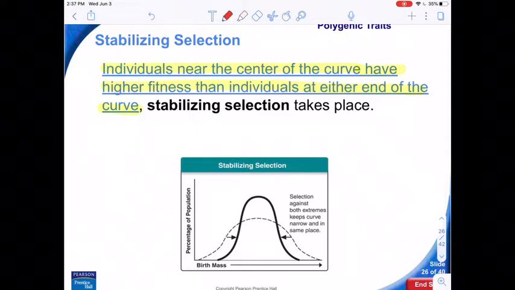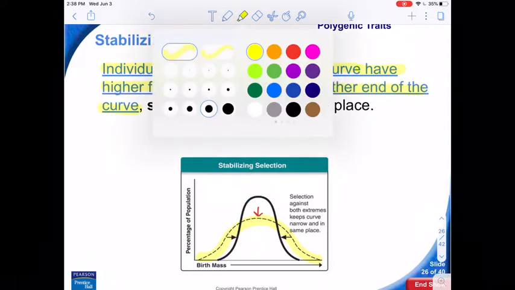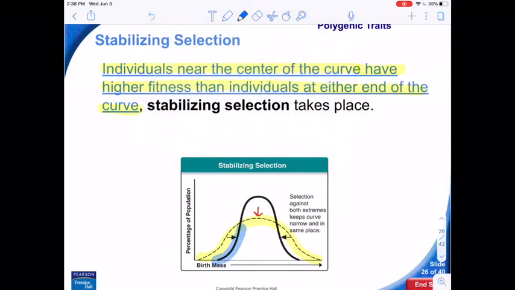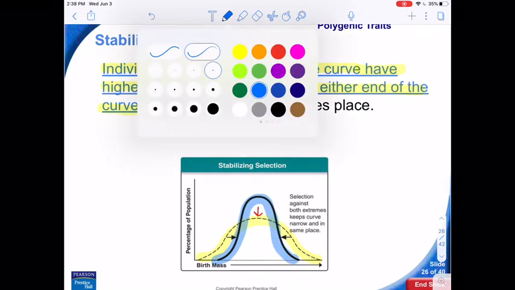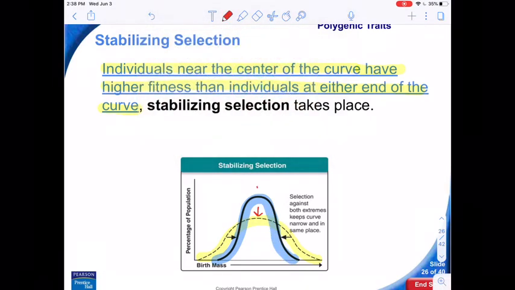So the peak of our graph, our original graph, we had kind of a shallow curve, and the peak was down here. But our new graph is showing a narrowing of our curve, where the peak is now higher at the center.